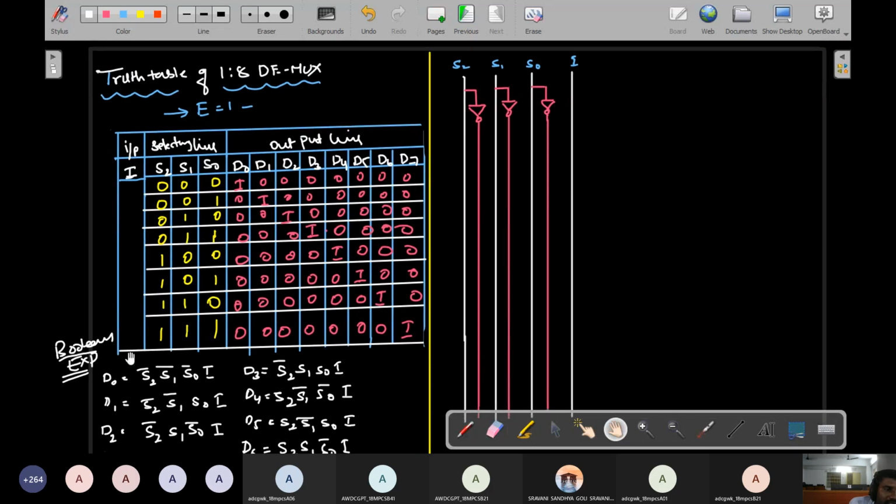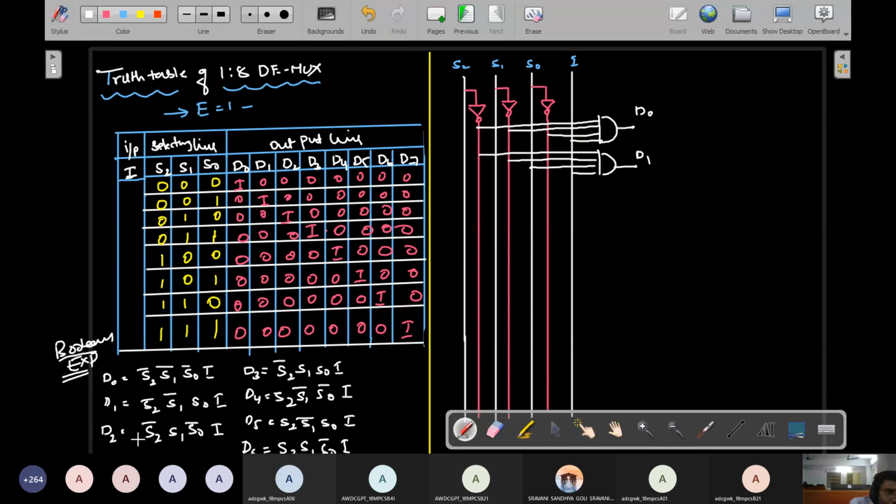Come to the first one, D0, where I will represent the input I. All are complemented states: S2 bar, S1 bar, S0 bar into I. So this represents the D0 output. The second one is S2 bar, S1 bar, S0 and I equal to 1, so this is the D1 terminal.